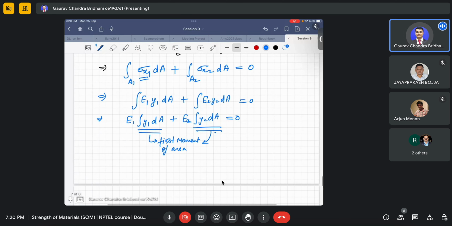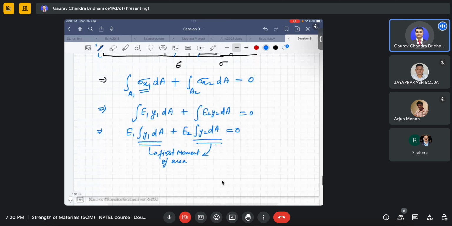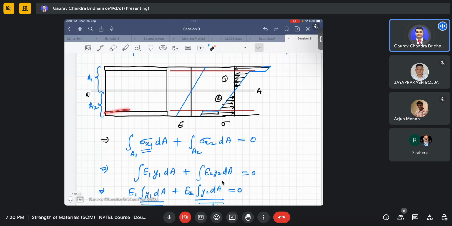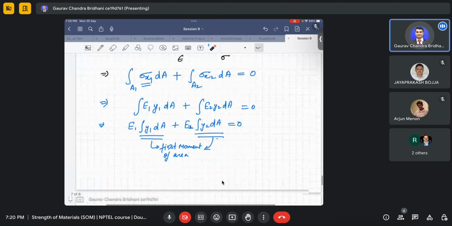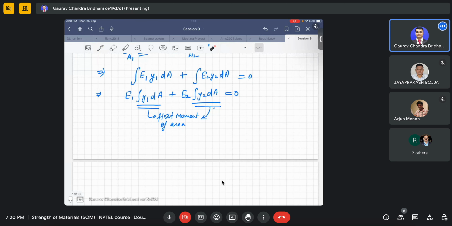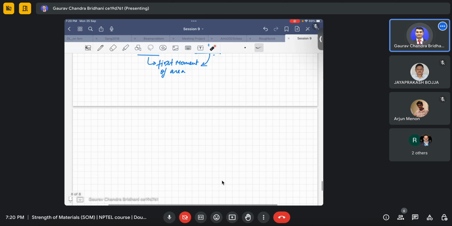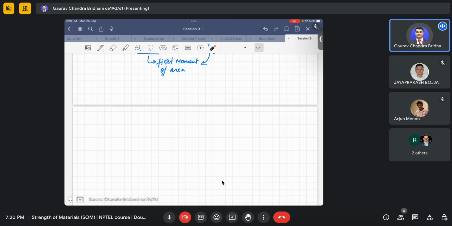I just wanted to make you aware that if some problem comes where the plate is only in one portion, there is no plate here, then you have to invoke this force equilibrium to find the neutral axis. And that has been done, as I told you in the composite beam lecture, I think lecture 2, where the professor did the reinforced concrete beam with the reinforcing bar and M30 concrete.